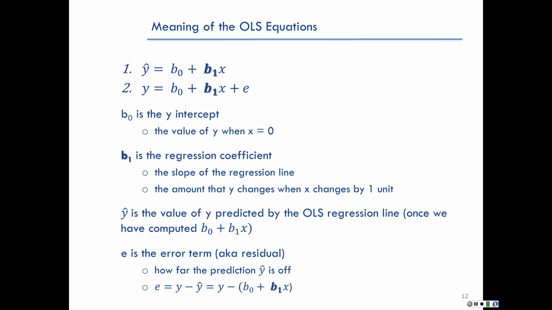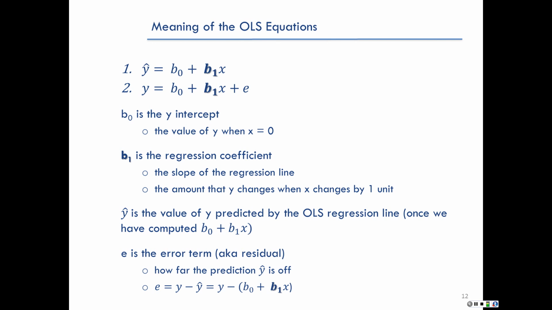And both of these equations are important. And so the first thing, beta naught, this is the y-intercept. And so this is a constant value, and it's the value of the dependent variable y when x equals 0. And it's literally the value of y when that line crosses over the y-axis where x equals 0.